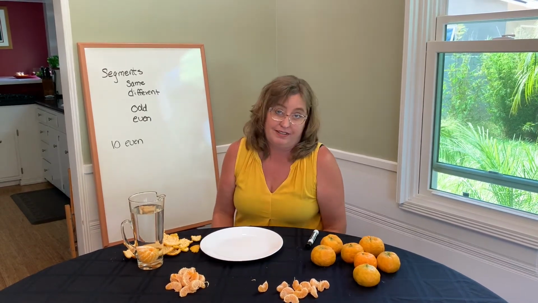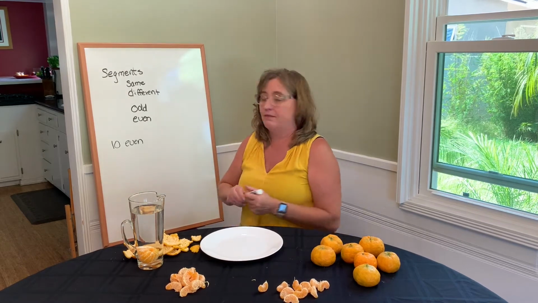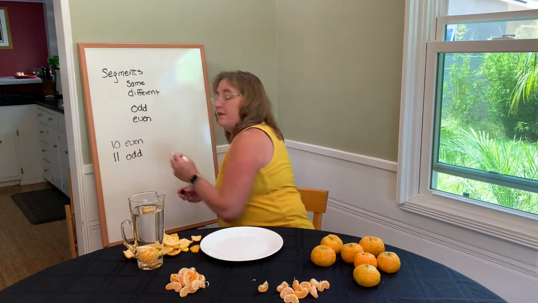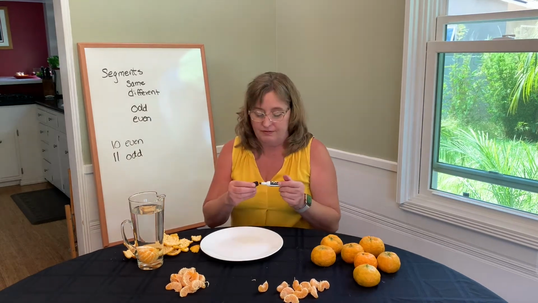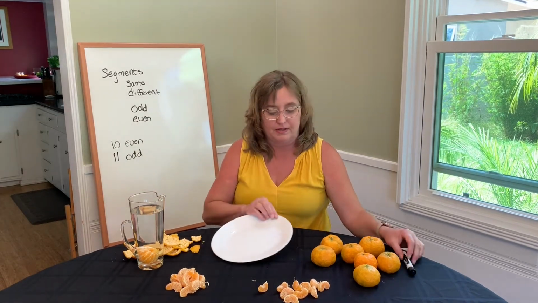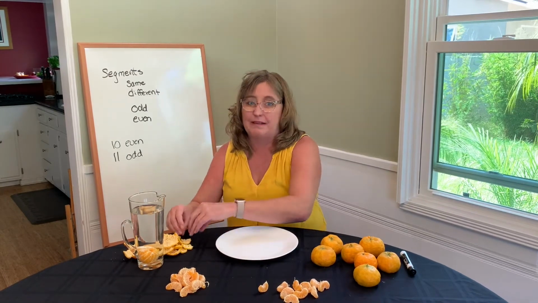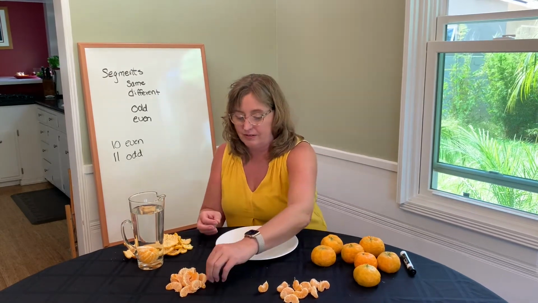We have 11 tangerine segments in the second one. So do we have the same number or a different number? We have a different number. They're all a little different. And if you remember when we did it last time, I think somebody even had 20 segments in theirs.